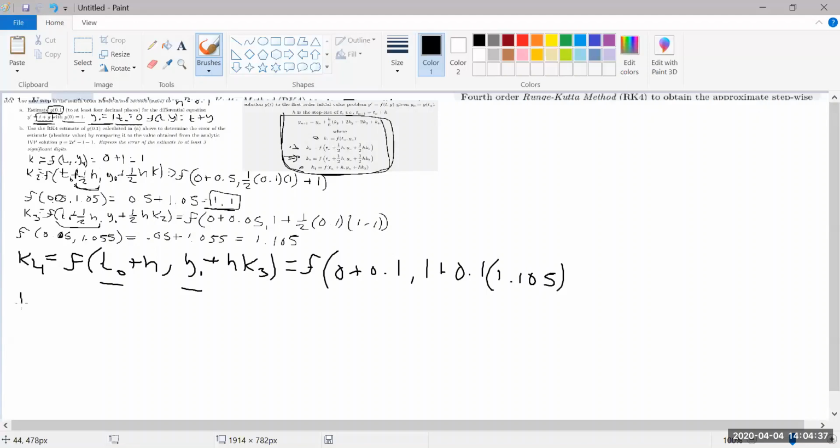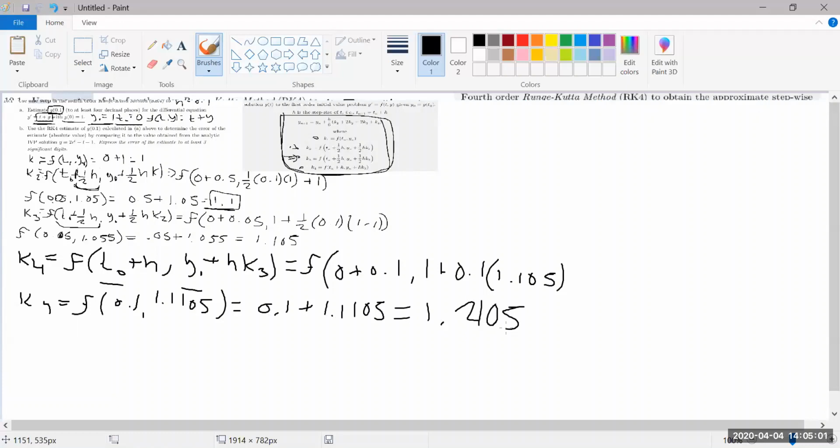So you should have your k4 equaling your function evaluated at 0.1 and 1.1105 for your y value. When you plug that in, you get 0.1 plus 1.1105, and you should get 1.2105.